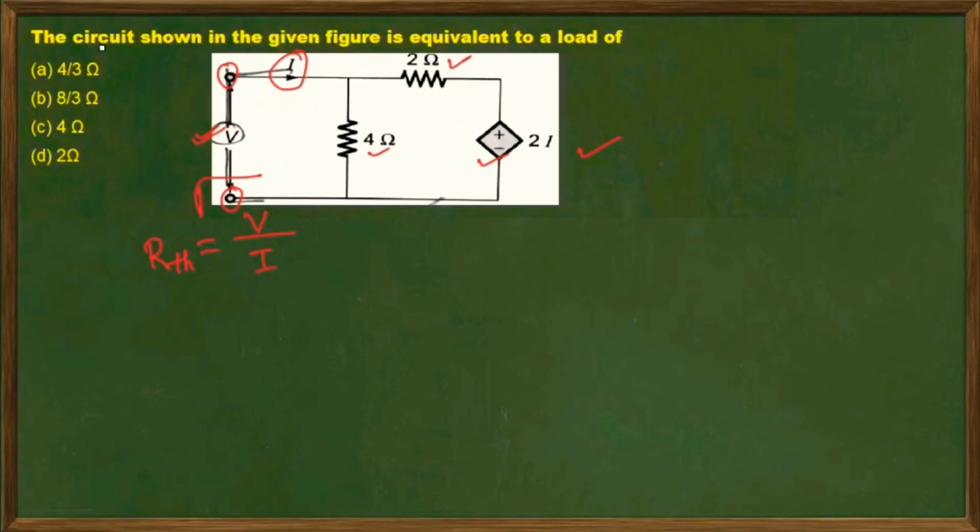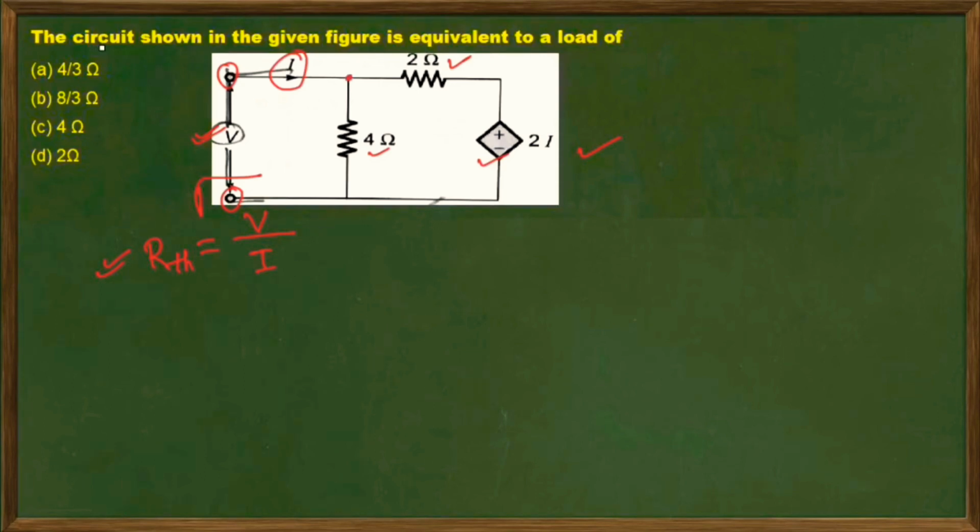Now we have to calculate what is V and what is I. Then by dividing the voltage by I, we can calculate this R Thevenin or R equivalent resistance between the 2 points.